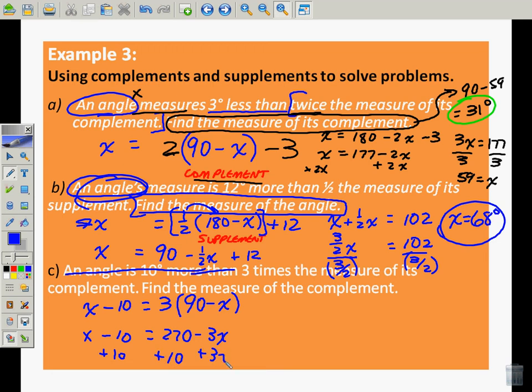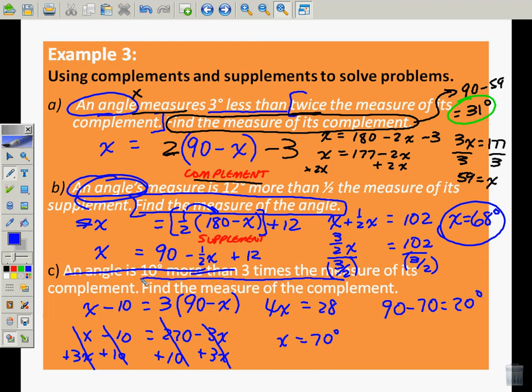So I've got 4x is equal to 280. So x is equal to 70. And if x is equal to 70, then the complement must be 90 minus 70, or 20. The complement is 20 degrees.